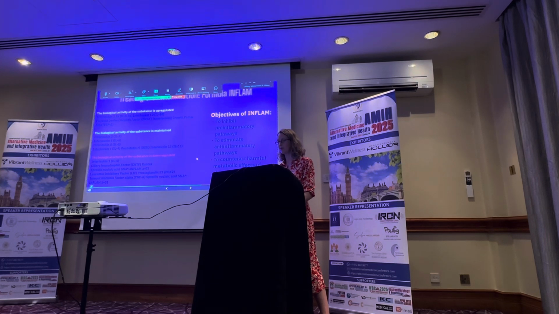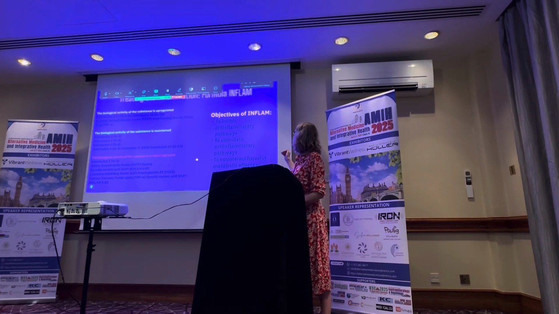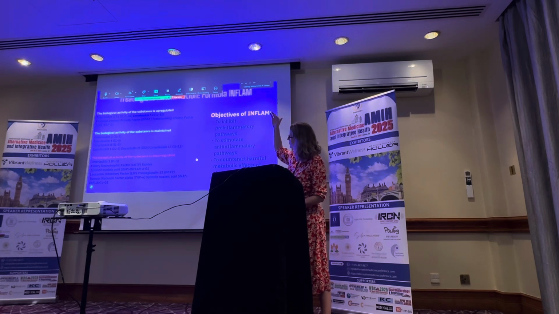Another really common one in autoimmunity patients is Inflam, our anti-inflammatory formula. It inhibits pro-inflammatory pathways, stimulates the anti-inflammatory pathways, and counteracts harmful metabolic effects of chronic processes. You can see we've got some upregulation, some maintenance, and some downregulation happening here.